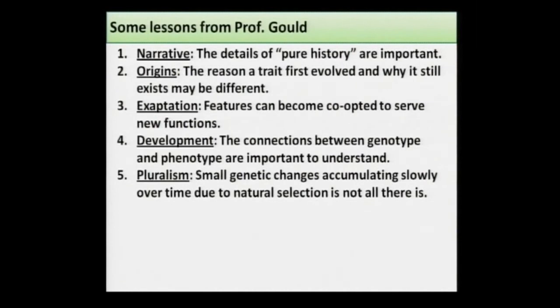The notion of pluralism, which gets into this idea of an expanded synthesis, but basically the idea that small genetic changes that accumulate slowly by natural selection is not all there is in evolutionary theory. So there's three major claims: small genetic changes, slow accumulation, due to natural selection. All three of those things turn out not to be the entire story.